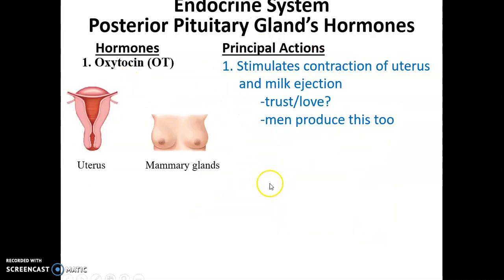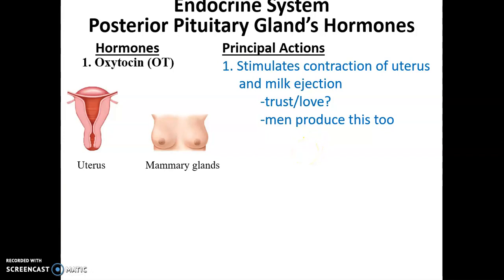One of these hormones is oxytocin. Oxytocin is a hormone that stimulates contraction of the uterus, very important during birth of a child, and also stimulates milk ejection, so the release of milk from the mammary glands. So it stimulates the uterus for contractions and the mammary glands to release milk.